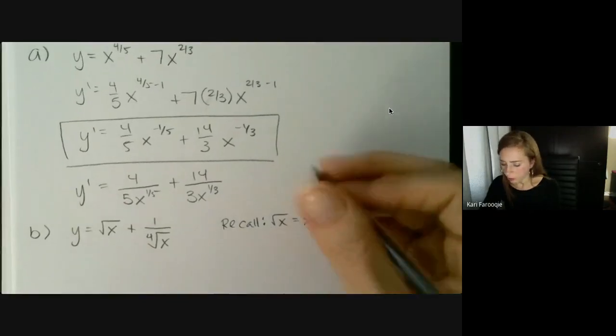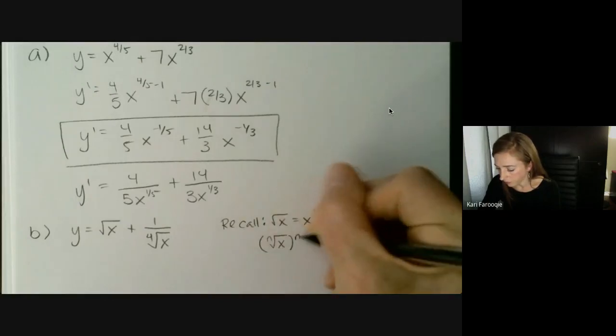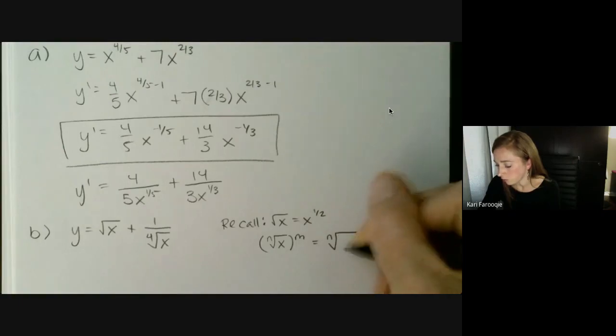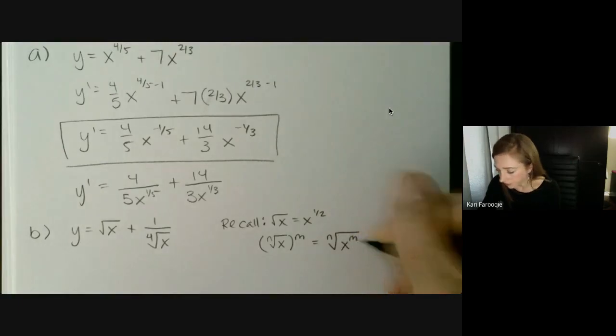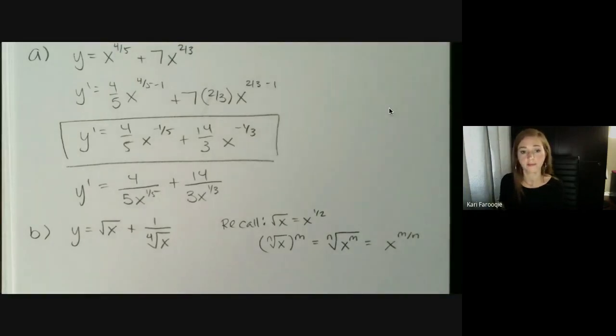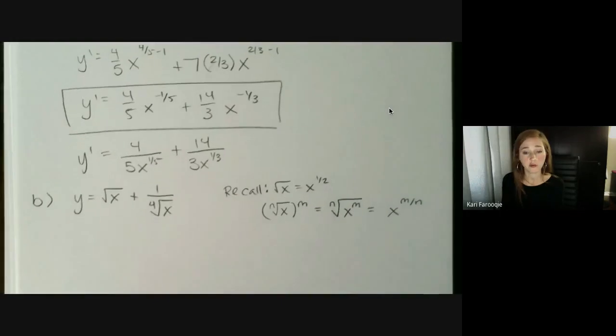And you also had a property that the nth root of x to the mth power could also be written as the nth root of x to the m. And you could write that as x to the m over n. So we're going to use this when we're converting our radicals to rational exponents.